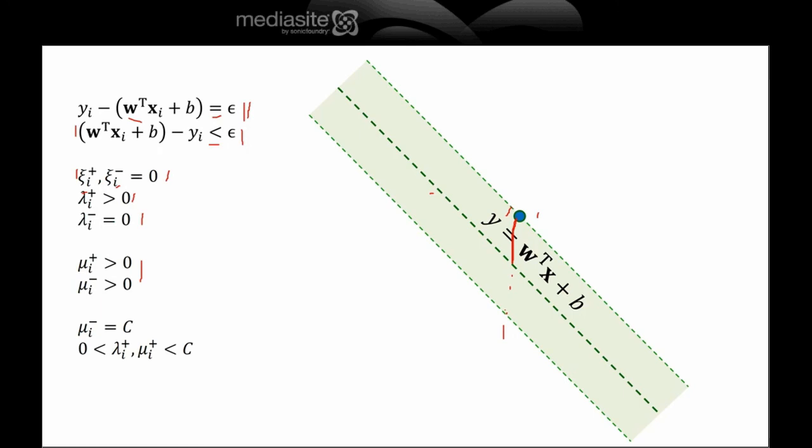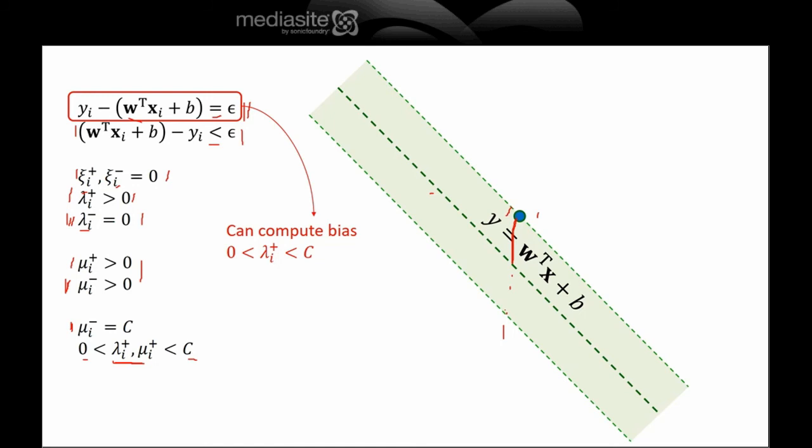Now, since lambda I minus is equal to 0, mu I minus has to be equal to C, because the two should add up to C. Lambda I minus plus mu I minus equals C. And since lambda I minus is 0, mu I minus is equal to C. Lambda I plus is greater than 0 and mu I plus is greater than 0. So they are both strictly between 0 and C. Neither is lambda I plus or mu I plus equal to 0, nor are they equal to C.